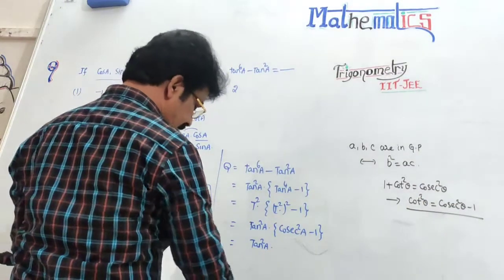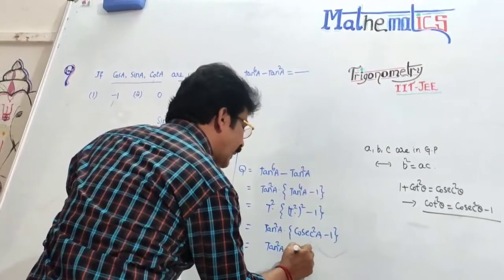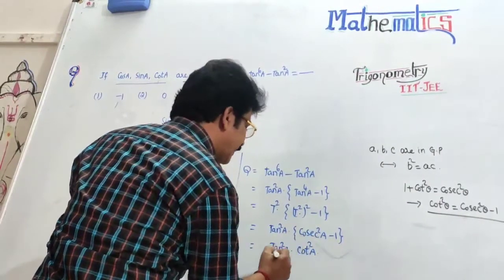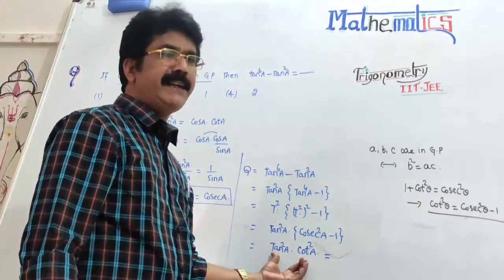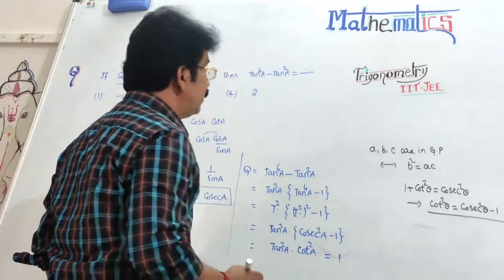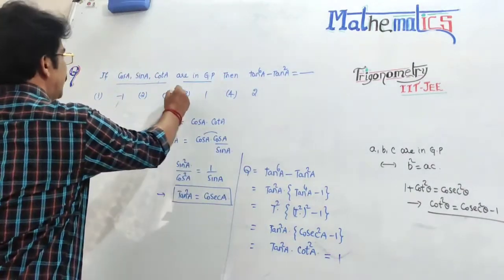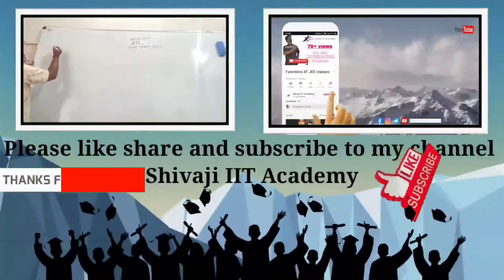So therefore, this can be cot square a. Understand? So that is equal to tan a into cot a whole square. So therefore, it is 1. 1 whole square is equal to 1. Hence, the third option is right. This is a somewhat important question.